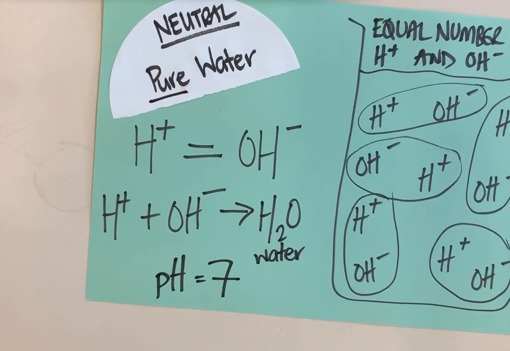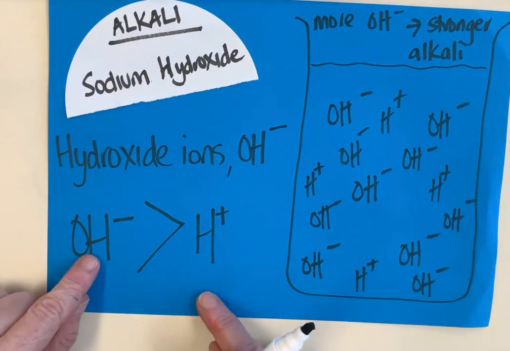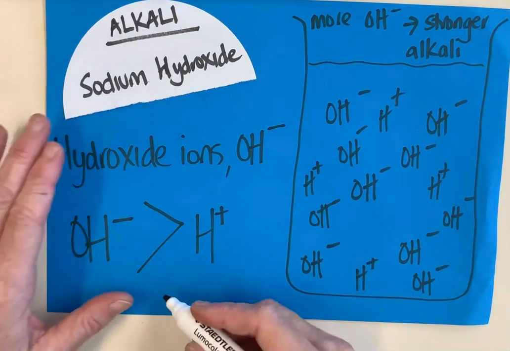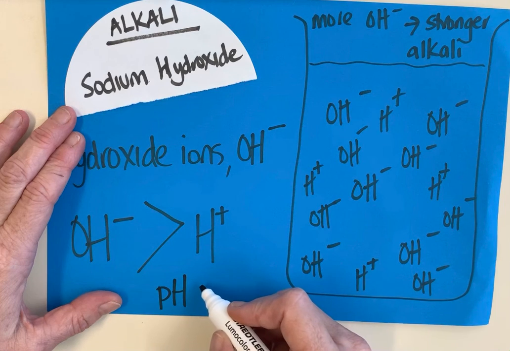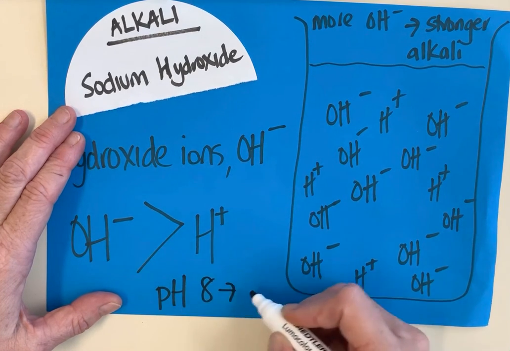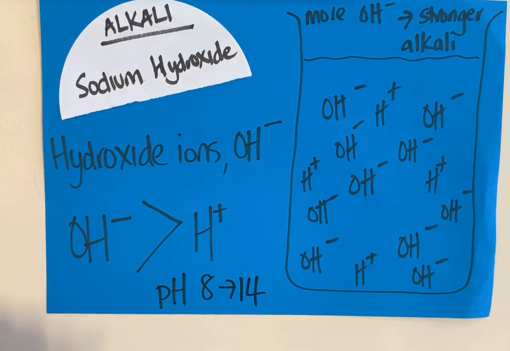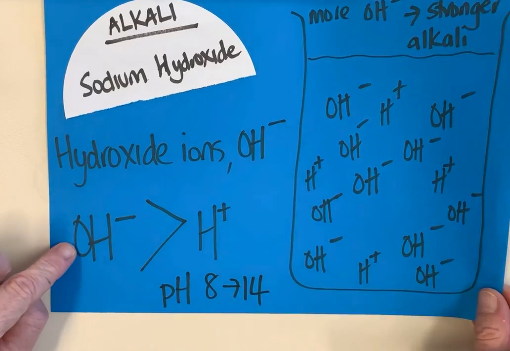So that's a little summary of neutral. Alkali: more hydroxide ions than hydrogen ions, and the pH of an alkali is between 8 and 14. Okay, pH 8 to 14 is an alkali, lots of hydroxide ions.